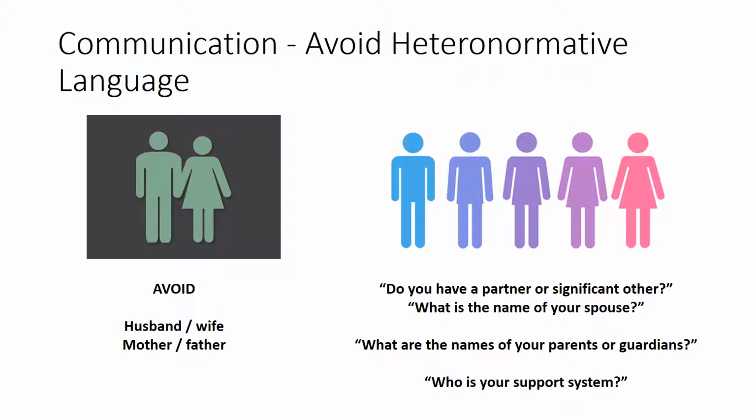So when you encounter someone, for example, when you meet someone, whether it be a patient or you meet them at the store, and you discover they're married, if their spouse is not with them, most of us automatically assume, oh, they're married to someone of the opposite sex, right? If it's a man, oh, they must be married to a woman, or if it's a woman, oh, they must be married to a man. And so that's very common within society that we have these very sort of heteronormative assumptions about people.